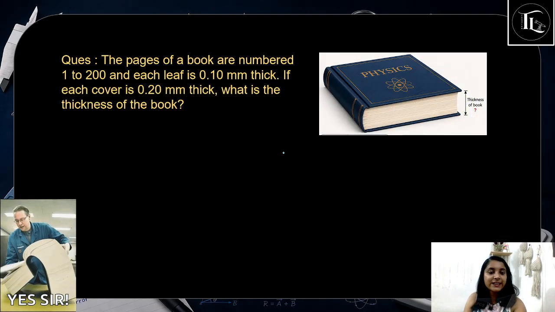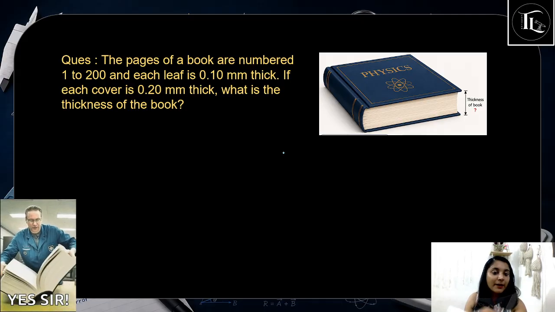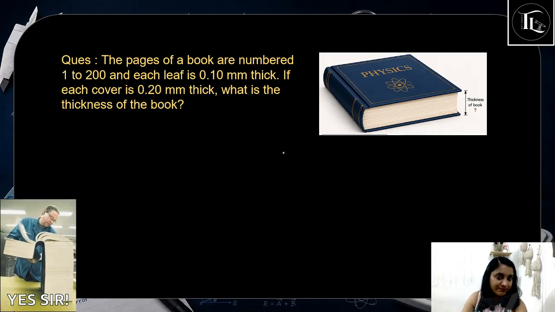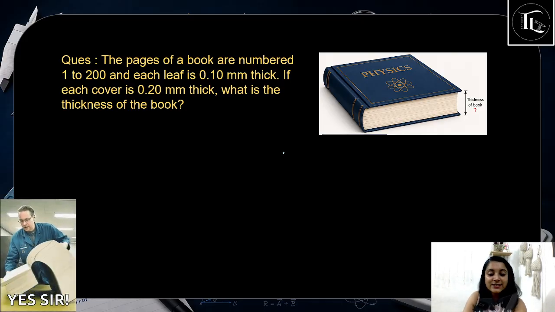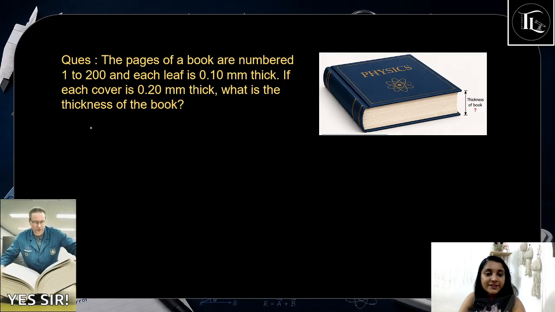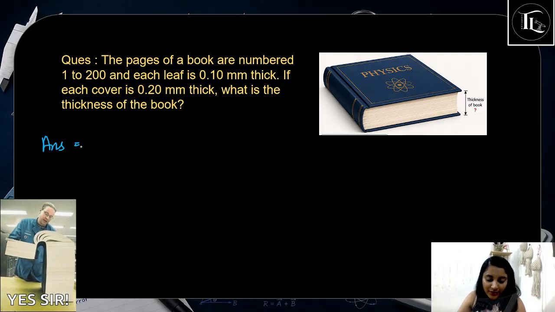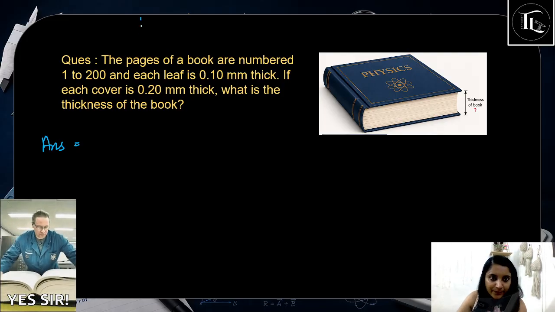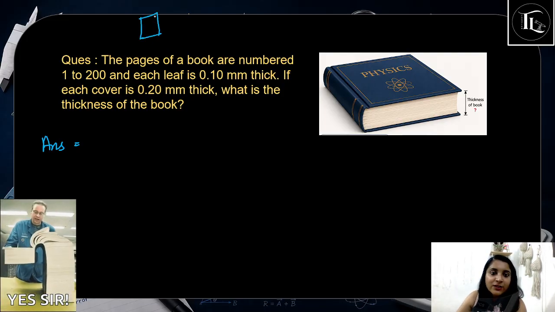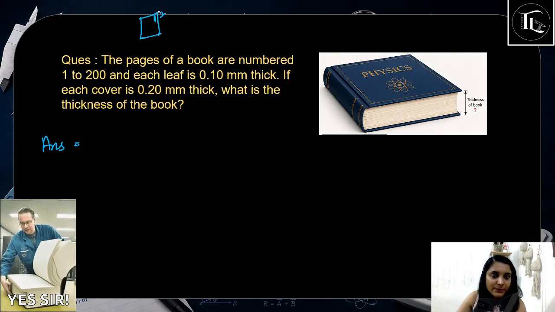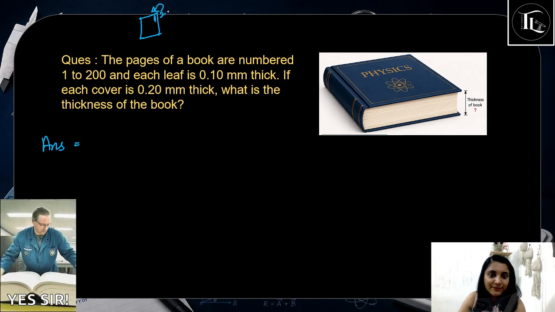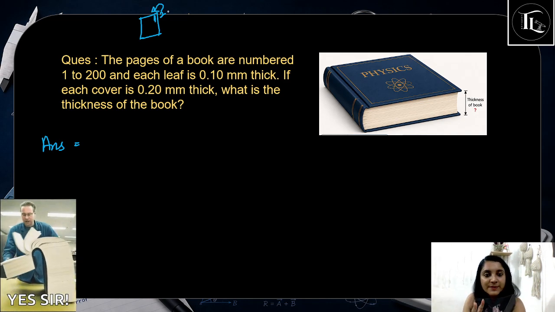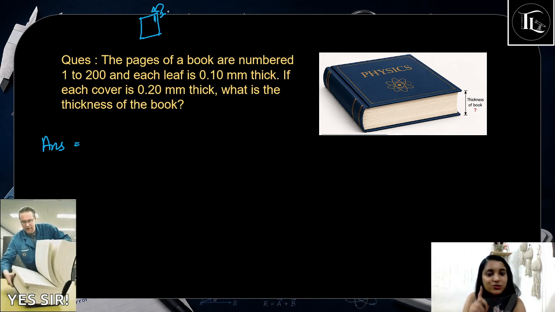Now see, it says the pages of a book are numbered 1 to 200 and each leaf is 0.10 millimeters thick. See, this is the page. So 1 will be numbered here and 2 will be numbered on the back side, right? That means two numbers, 1 and 2, but the page is just 1.